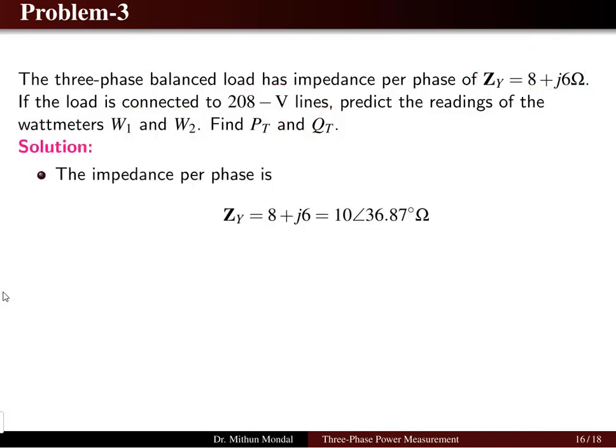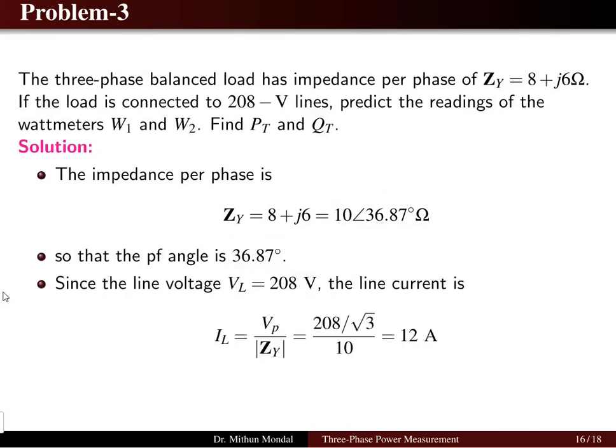So the impedance per phase is basically 8 plus J6, which in polar coordinates has the magnitude 10 and angle 36.87. So the power factor angle is 36.87, which will come from the impedance angle. And the line voltage or the supply voltage is 208 volt. It means the line current is nothing but the voltage divided by the magnitude of the impedance.